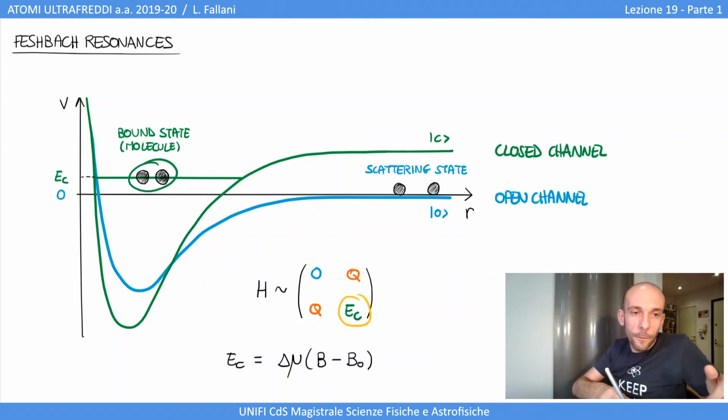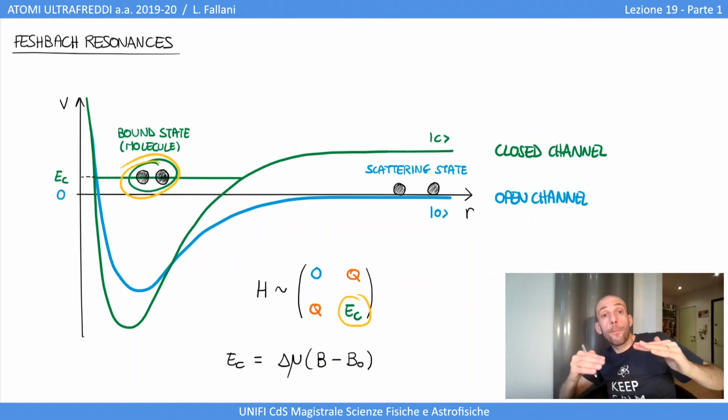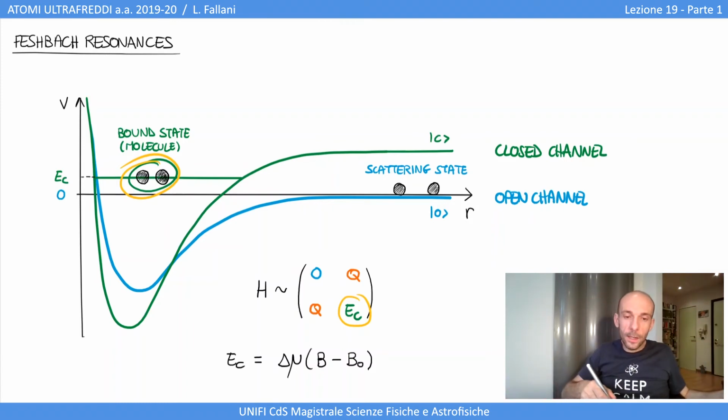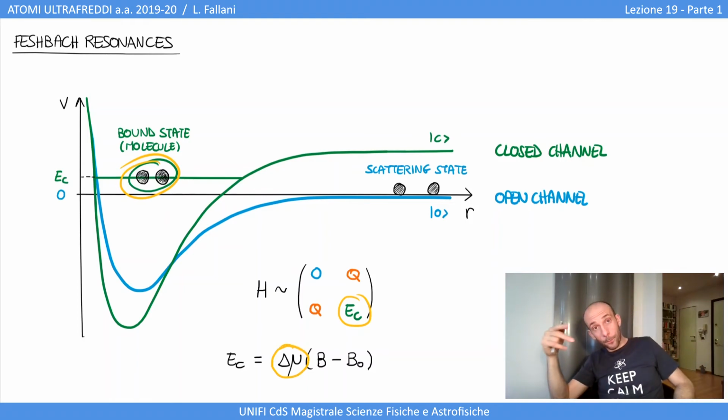And the energy of this bound state can be tuned by applying a magnetic field, taking advantage of a difference in magnetic dipole moment of the two channels. So by changing the magnetic field, you can change the energy of this bound state, EC.